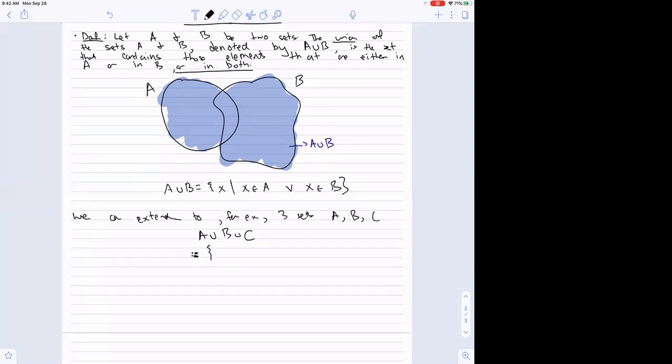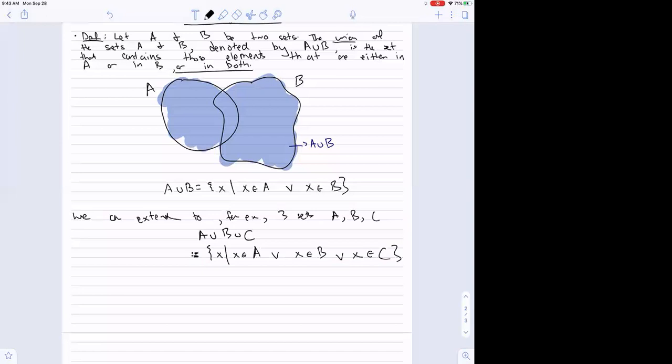I'm just clarifying. It's nothing more, it's just saying that this is the definition of A union B union C. So x is in A, or x is in B, or x is in C. Now you would take all the elements of A and all the elements of B and all the elements of C, and that would be A union B union C.